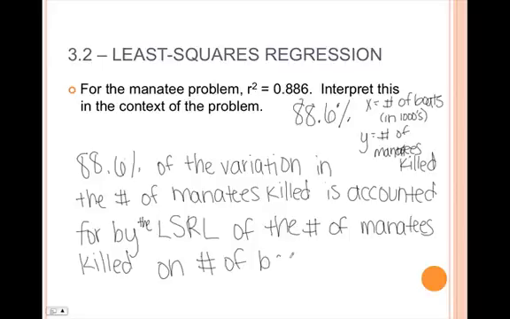And you don't need to put units here because, as we're going to see later, changing units doesn't actually change r or r squared. So it's okay to leave it like this. 88.6% of the variation in the number of manatees killed is accounted for by the least squares regression line of the number of manatees killed on the number of powerboats.